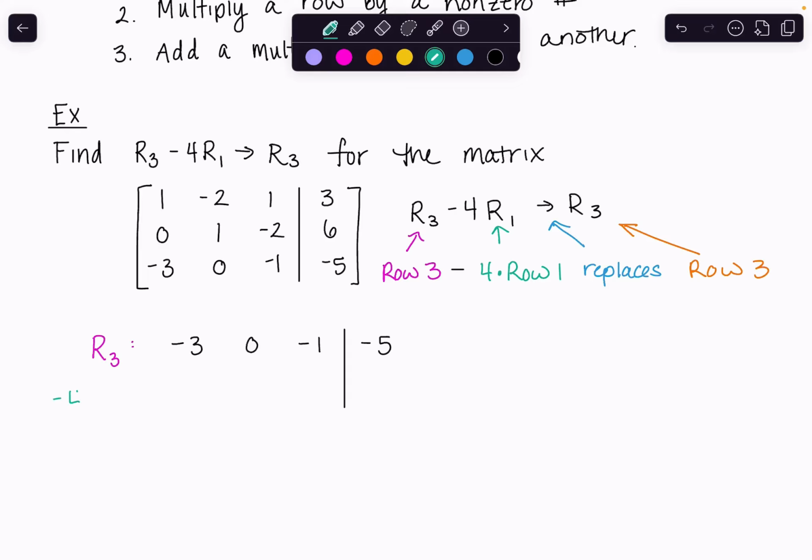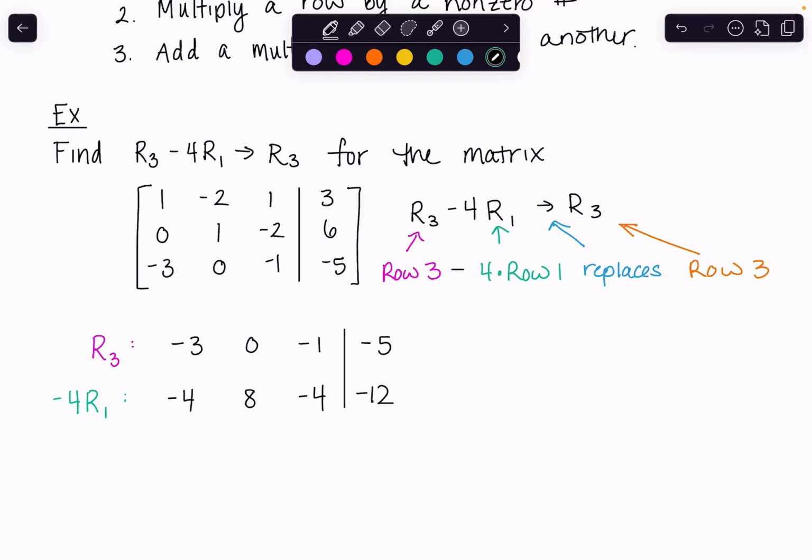Then I want -4 row 1. So this is something I can do in my head. I'm just going to multiply every single element here by -4. So 1 times -4 is -4. -2 times -4 gives me +8. And then 1 times -4 is -4. Onto the constant, 3 times -4 gives me -12.